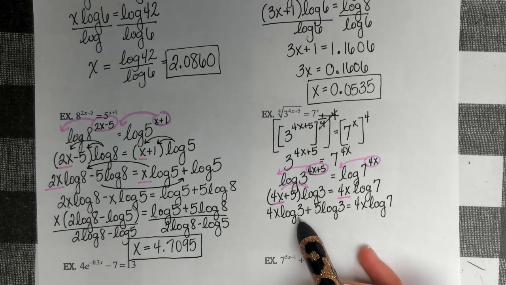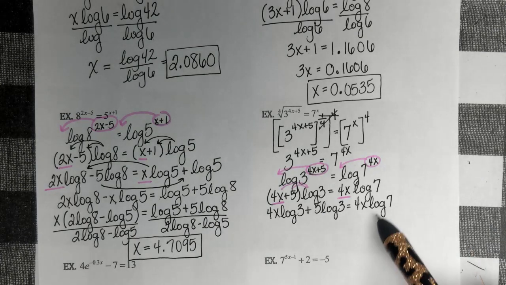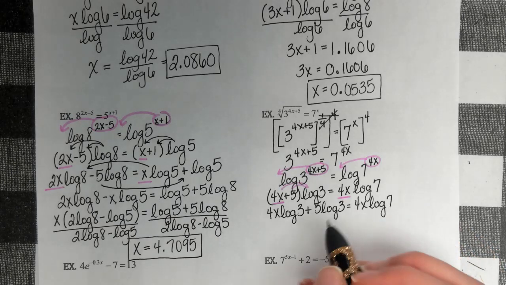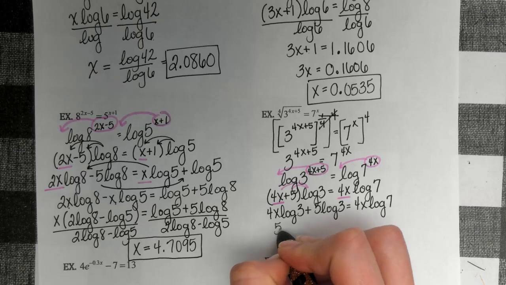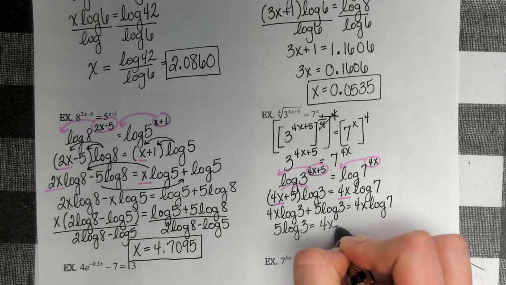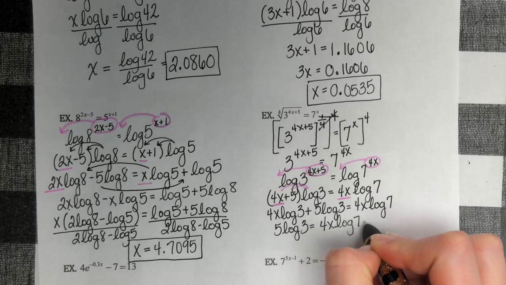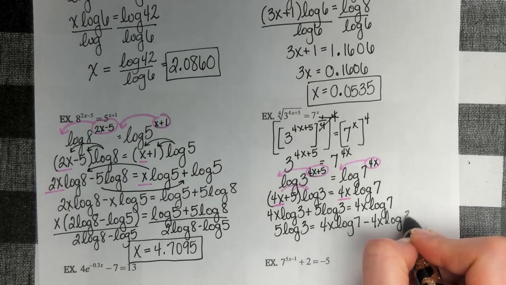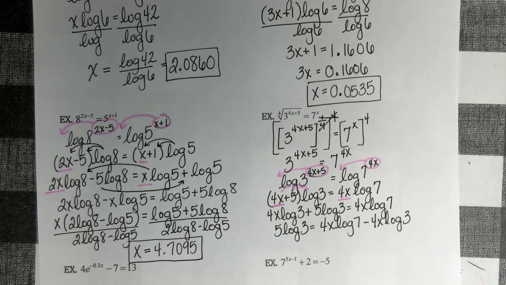Now I want my x's on one side. I would just move this one over here. So I've got my 5 log of 3 equals my 4x log of 7 minus my 4x log of 3. Now, does that become log of 4? No. Just because they look similar doesn't mean that you can do that.